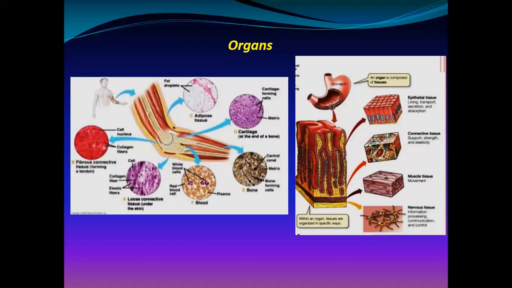There is loose connective tissue under the skin, and another connective tissue under the skin. You can see the fat droplets beneath the skin, adipose tissue. And you can see cartilage tissue in the joints.